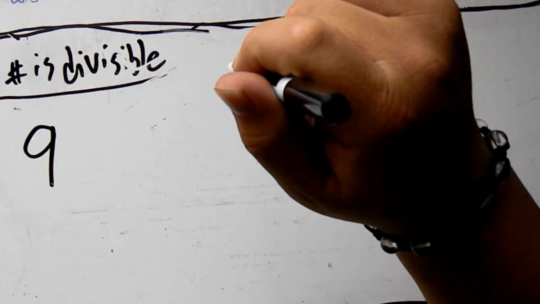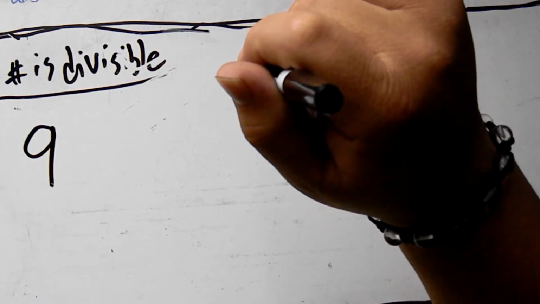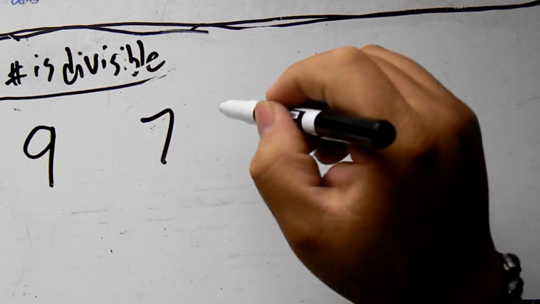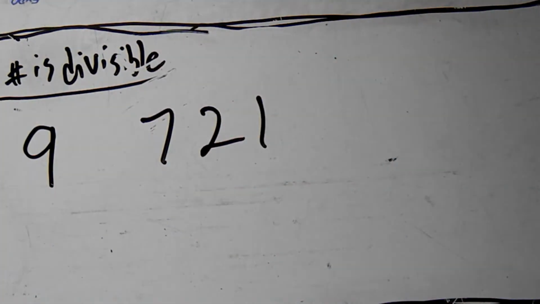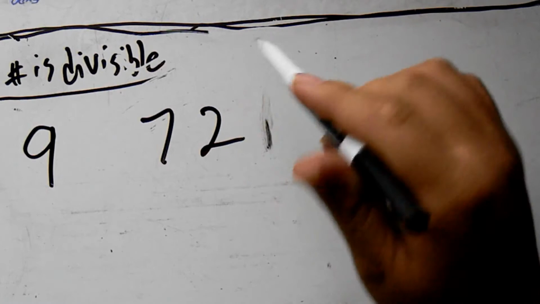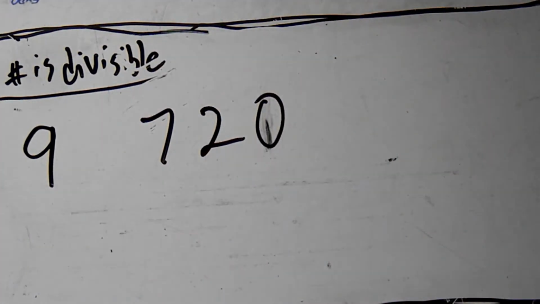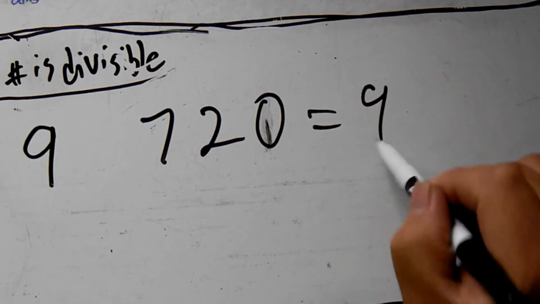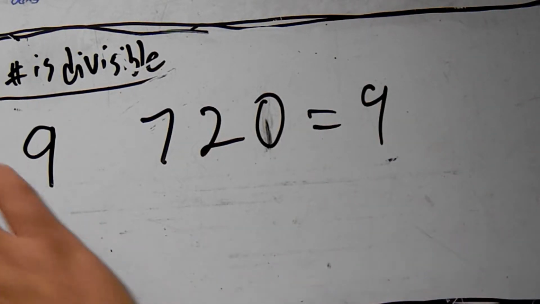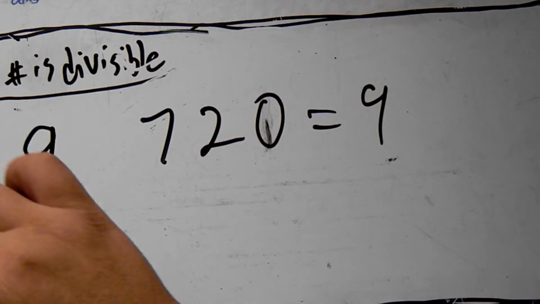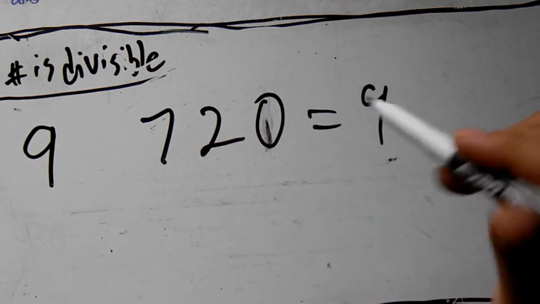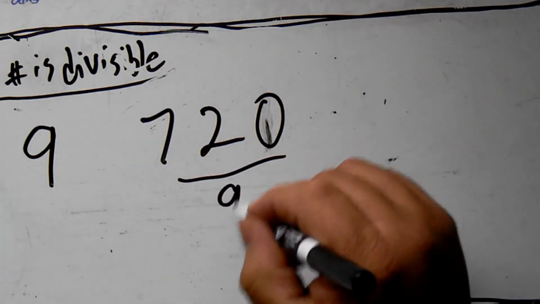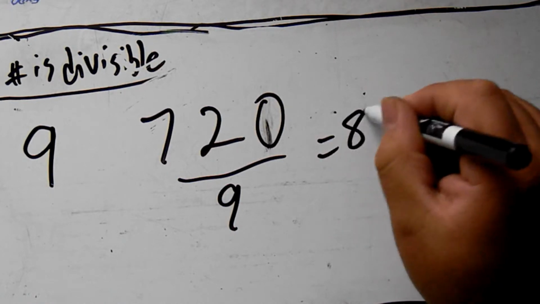So let's say 720. 7 plus 2 plus 0 equals 9. So when you divide it by 9, it actually equals 80.